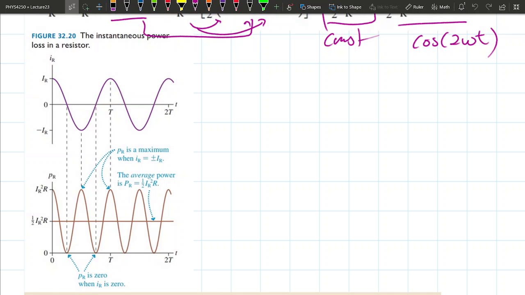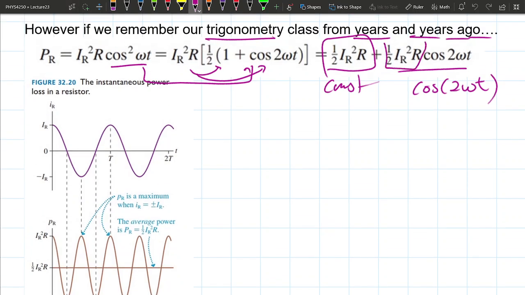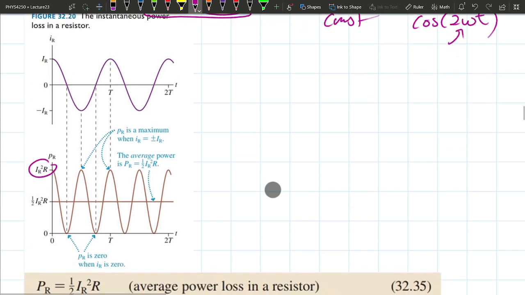If that number is 20, I'm going to oscillate around 20 as opposed to 5. And that oscillation has an amplitude of 1/2 I squared R. I'm just ignoring the I sub R thing, but when I talk about current on a resistor, I'm always talking about the same current. So it has this amplitude here, and it's going to oscillate at twice the frequency.